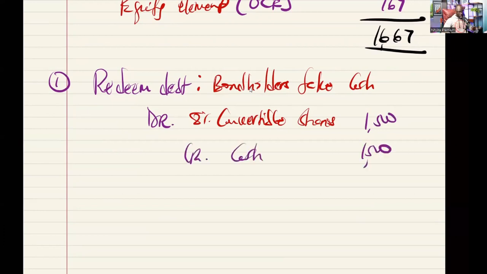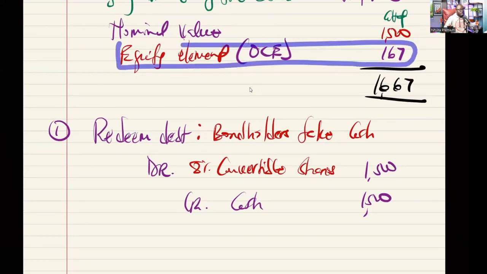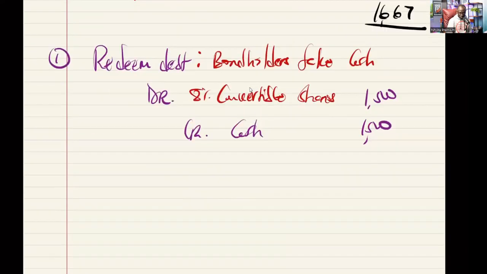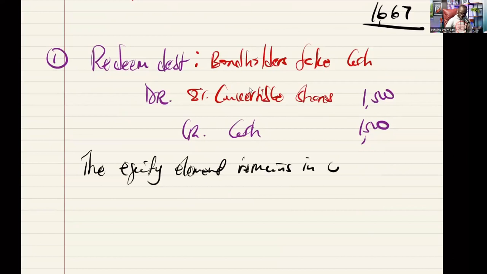But then what happens to the equity component? Because if they redeemed, we've paid them 1,500, but what happened to the equity element? The equity element will still be where it is at, and it will be classified as undistributable reserves. So the equity element remains in OCE, other components of equity, as undistributable reserves.